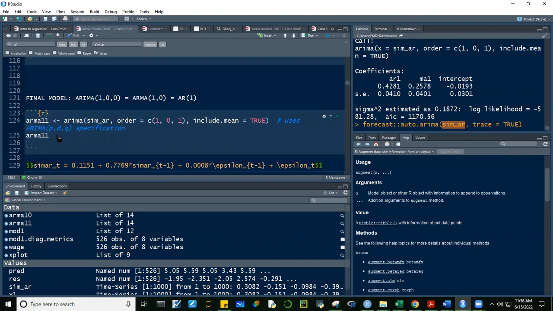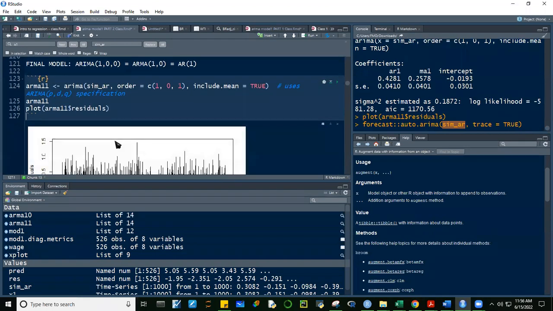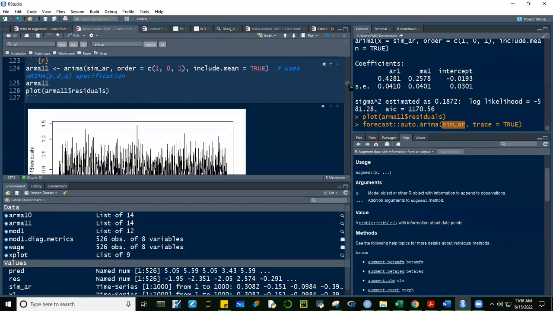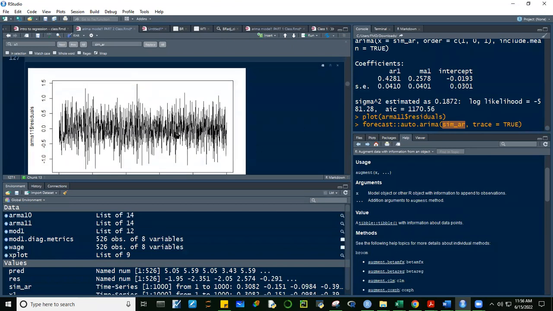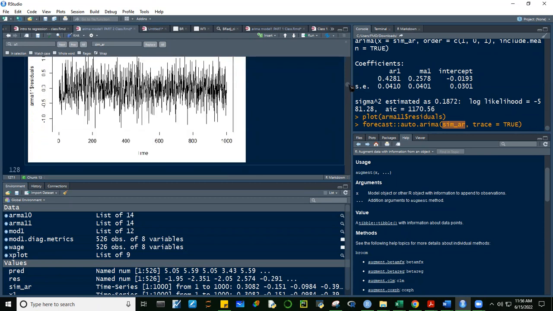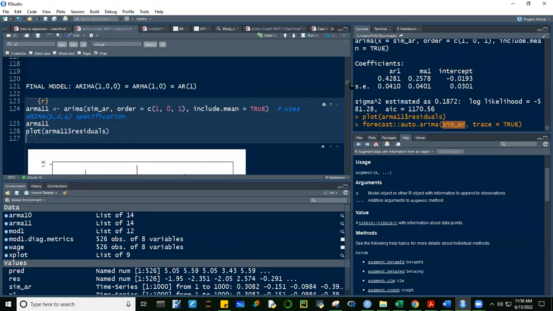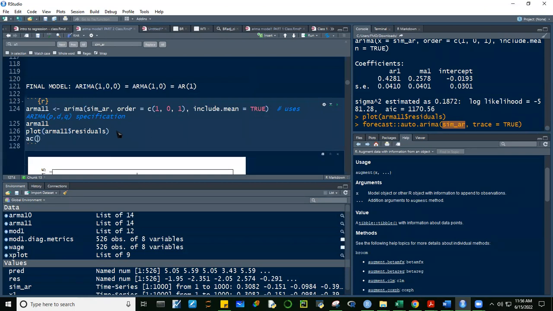Here. Plot yung model natin na ARIMA 1-1, plot natin yung residuals. Okay. So from the looks of it guys, mukhang stationary naman siya, no?